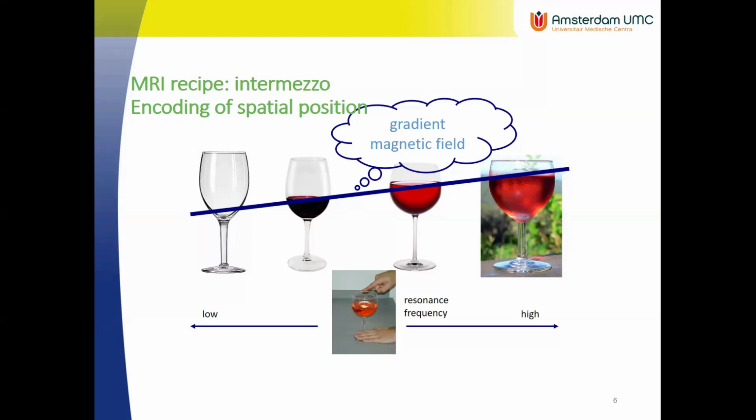Now I have an upslope in my field strength from one end of the scanner to the other, and therefore the resonance frequency of the protons on one end of the scanner is different from that on the other end. Because I apply the gradient, I define what the gradient strength is, so I know exactly what that resonance frequency is at each and every position in the scanner. This trick is used to encode the spatial position of the signal in the MRI scanner.